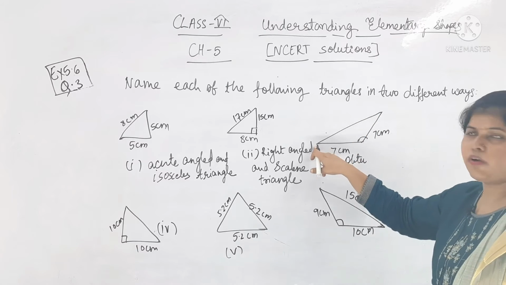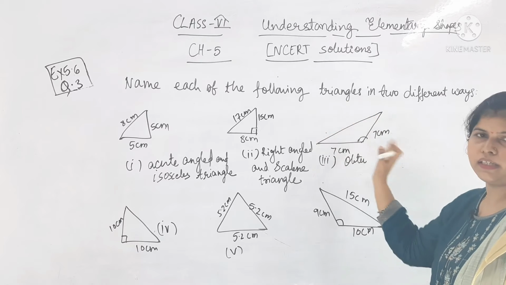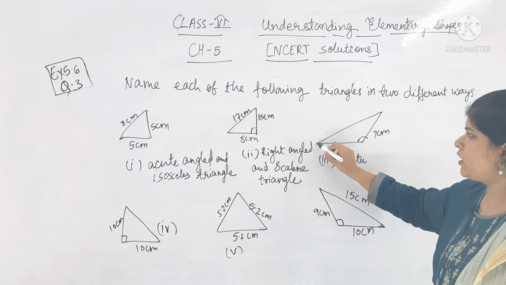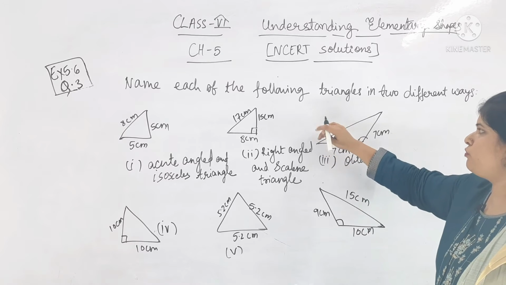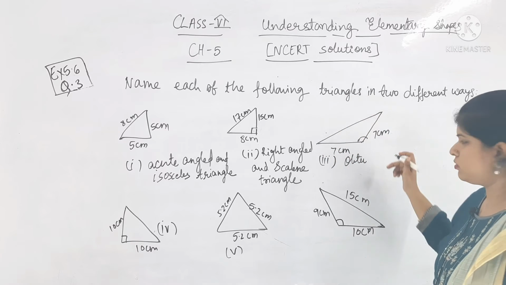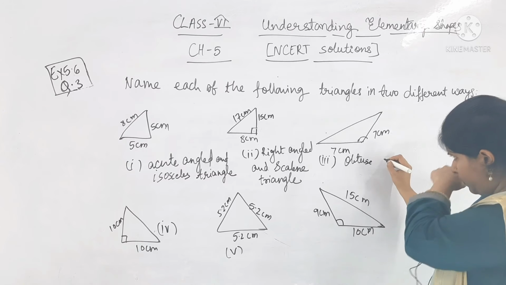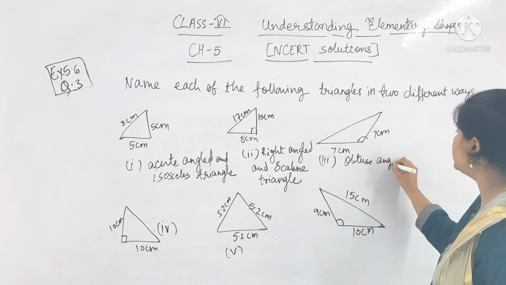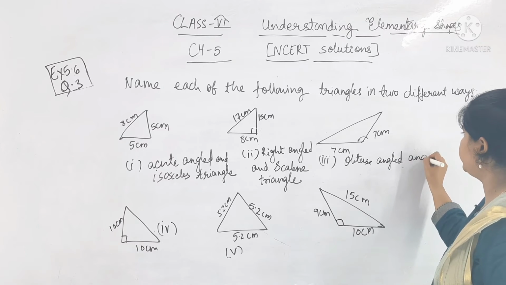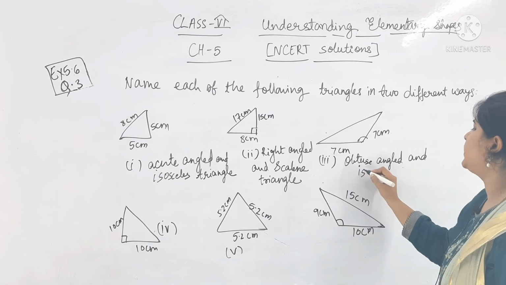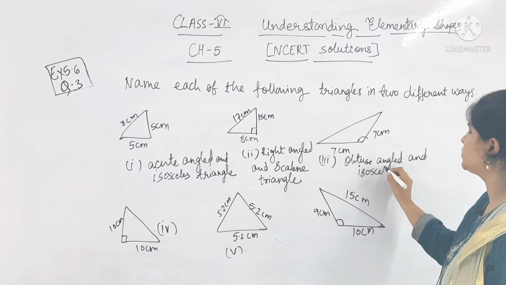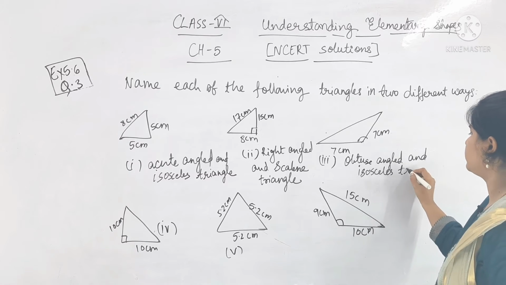If you place the D here, you have to measure like this. So this is obtuse angle, and two sides are the same, so isosceles triangle.